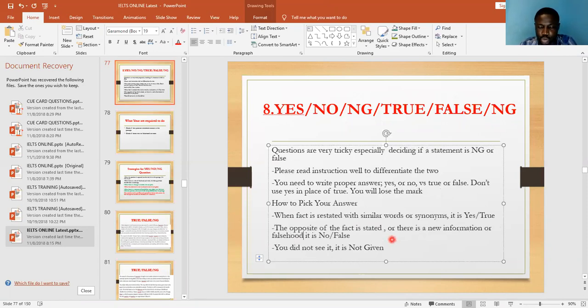The cat went to swim was in the passage, but the question is saying the cat and the dog went to swim. Cat was mentioned, swimming is still the action, but dog was added, so it's a falsehood. It is not a case of not given, okay? If you did not see it at all, that is a case of not given. Okay, so those are the 3 general rules guiding it.